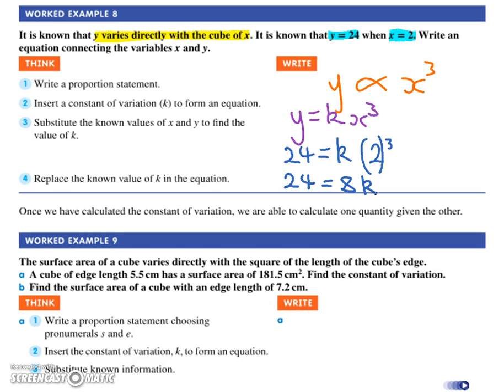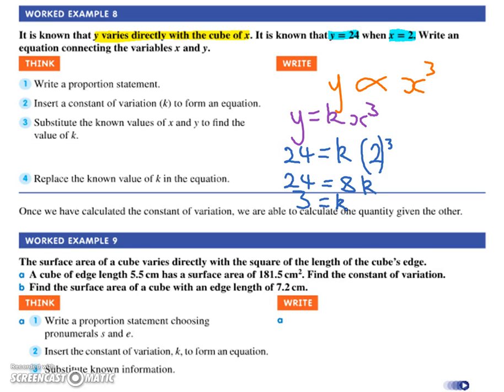So just remember that's 8 times k. How do we get rid of the 8? We divide. Okay? So, I'm sure you said 3. So 3 equals k. Awesome. Have we finished? We've got one more thing to do.